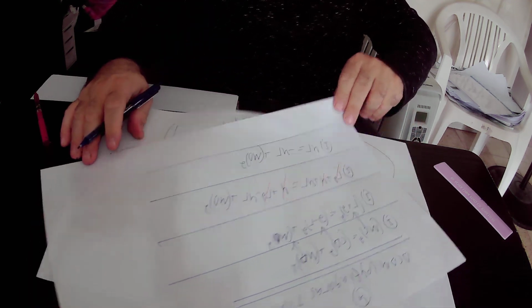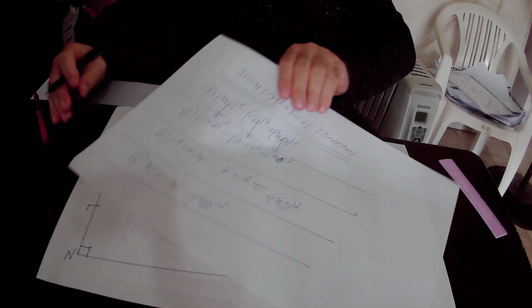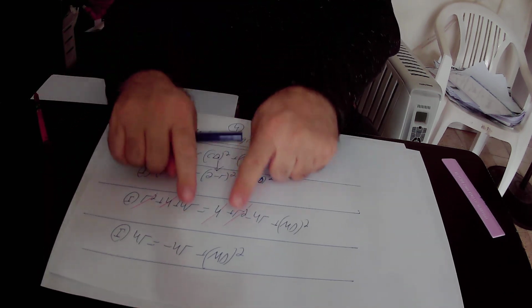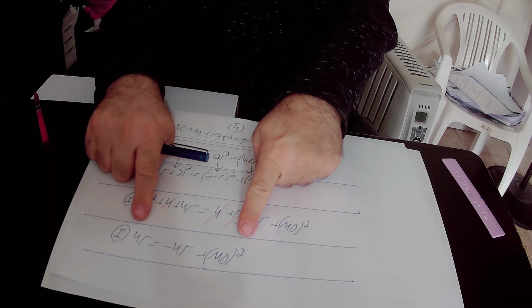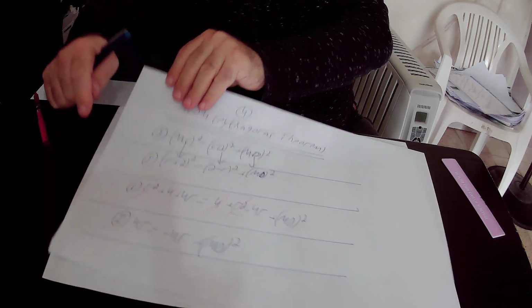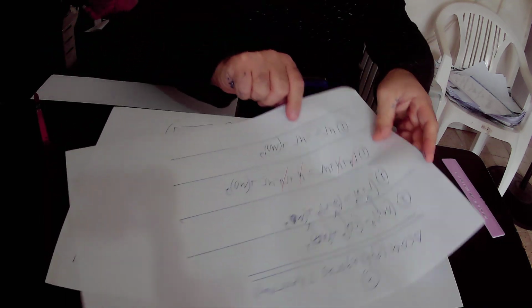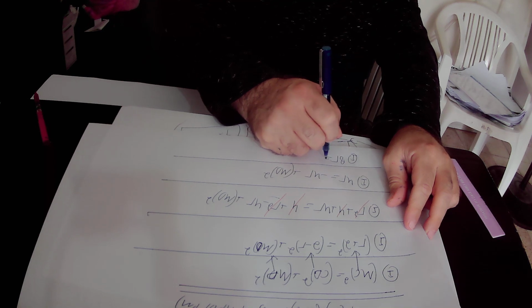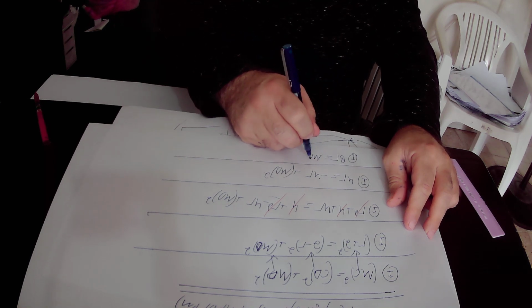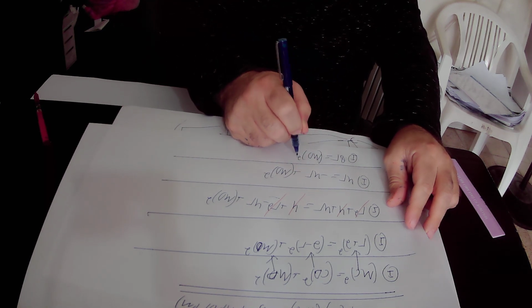So here we will add 4R to both sides of the equation, and we will get that 4R plus 4R is 8R. 8R equals MD squared.